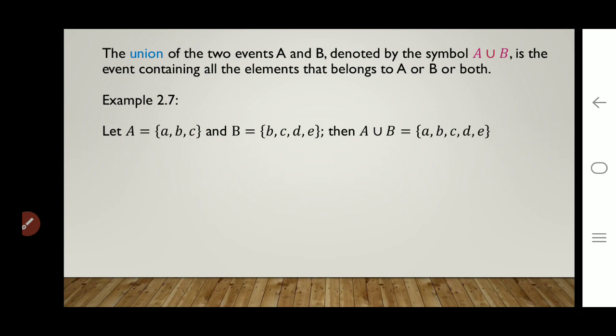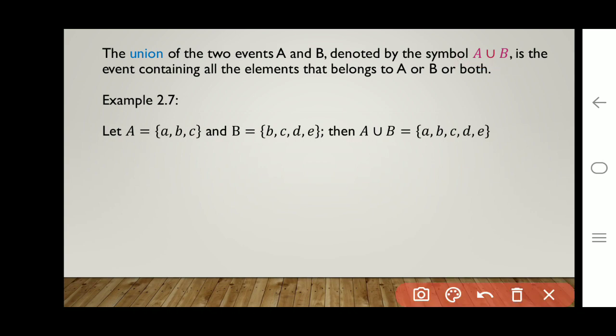Yung element ng A is small letter a, b, and c. And then yung another event natin is event B composed of 4 elements which are b, c, d, and e. Therefore, kapag kinuha natin yung A union ng B, kunin lang natin yung lahat ng elements nila. Kumbaga, pinag-add lang natin sila.